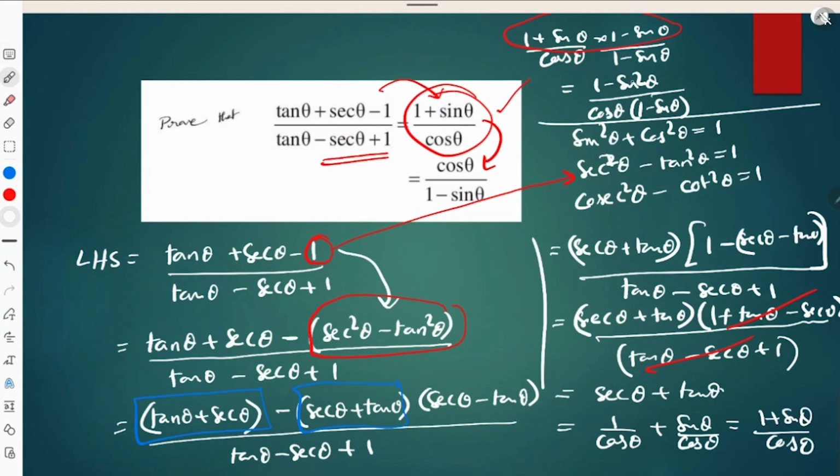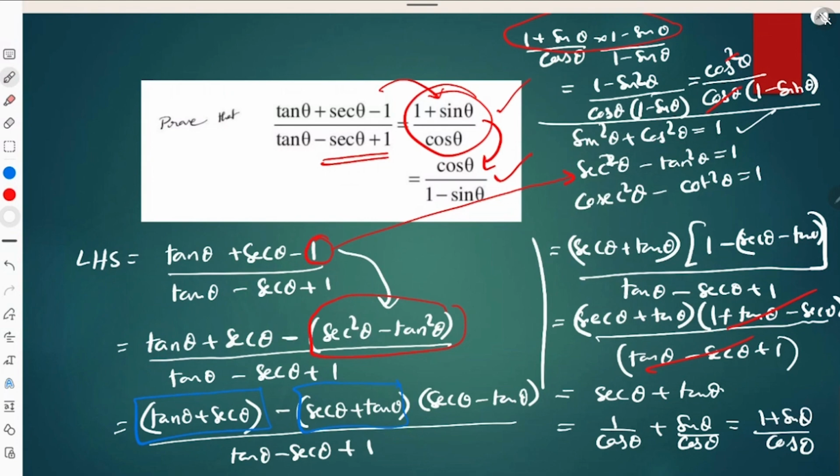So 1 minus sin square theta is what? Because sin square plus cos square is 1, 1 minus sin square theta is cos square theta by cos theta into 1 minus sin theta. So very clearly, one cos gets cancelled. So what is left? Cos theta by 1 minus sin theta.